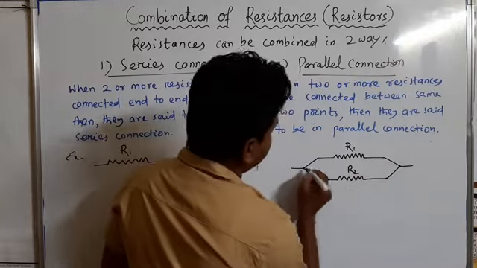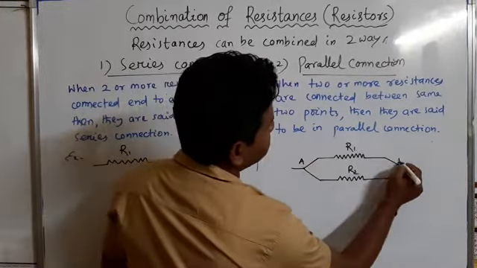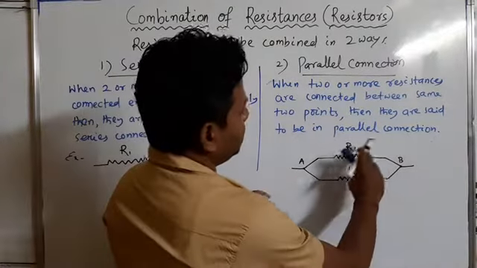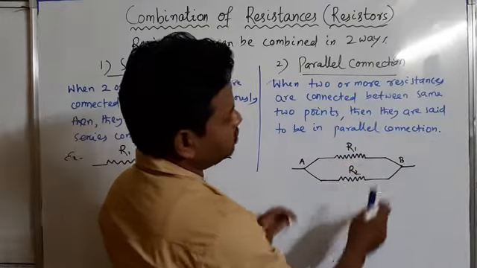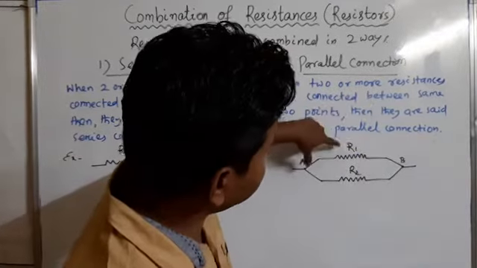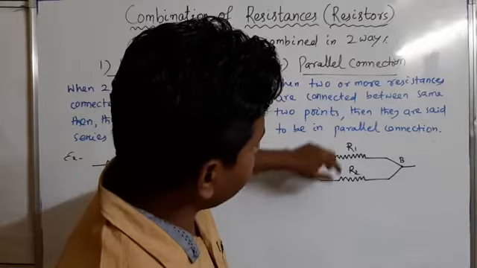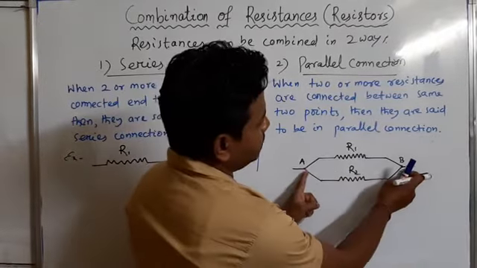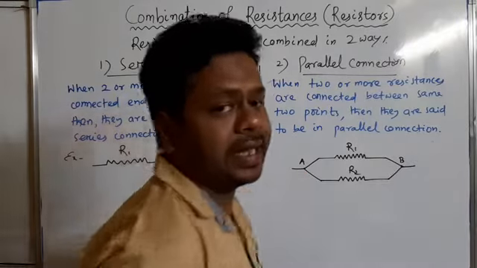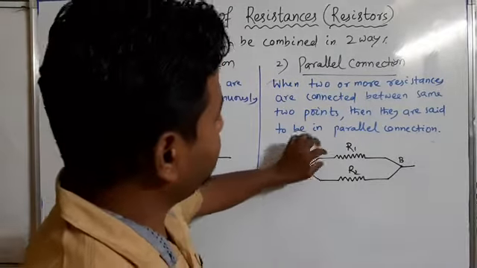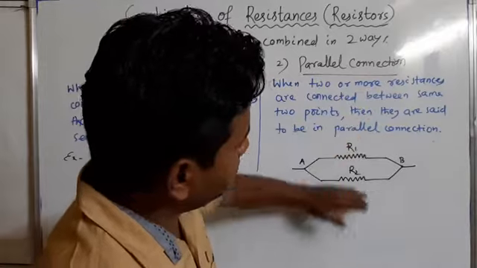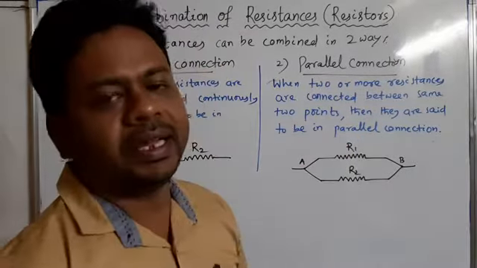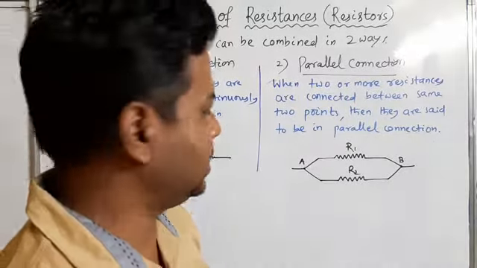you see, if we take this point A, this is B. So between point A and B, both resistors have joined, means two ends of resistor R1, and both ends of resistor R2, they are joined between same 2 points, that is A and B. If the two ends of all the resistors are connected between the same 2 points, then they are said to be in parallel connection.